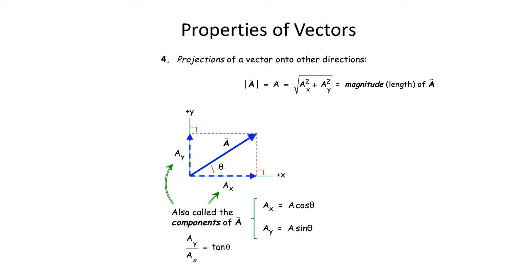To find the length of side A, I have to take that A squared equals ax squared plus ay squared, and I just take the square root. So if I have a vector, all of these relationships are how we're going to dissect that vector into components. It's just right triangles. That's the most complicated thing you need.